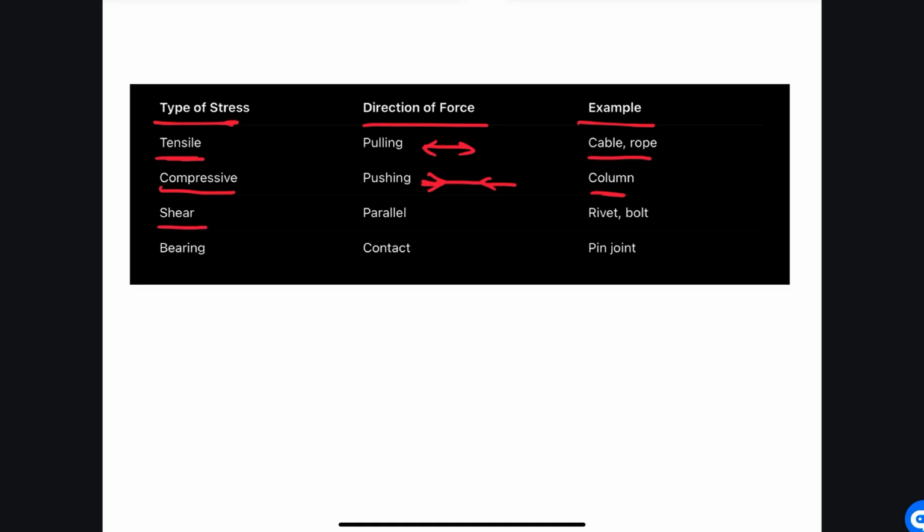And then shear stress always looks like forces parallel to each other in opposite directions, as in riveted bolt joints. And the last one is bearing stress, for contact areas. I explained how it works. So it's the pin joints.